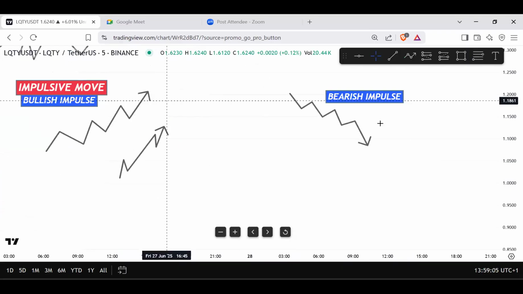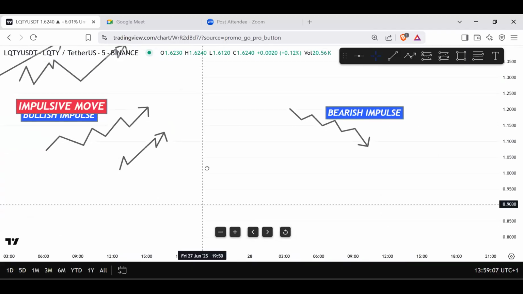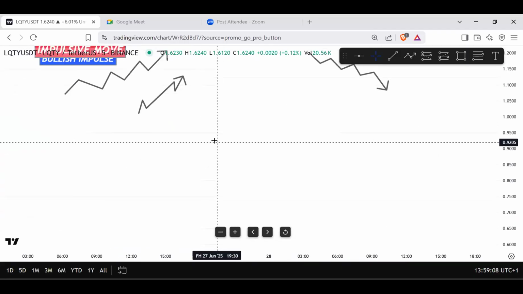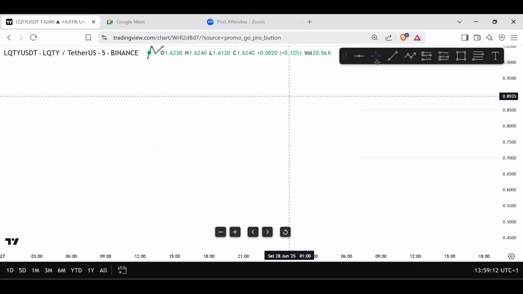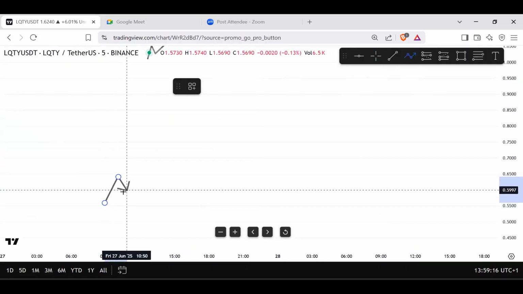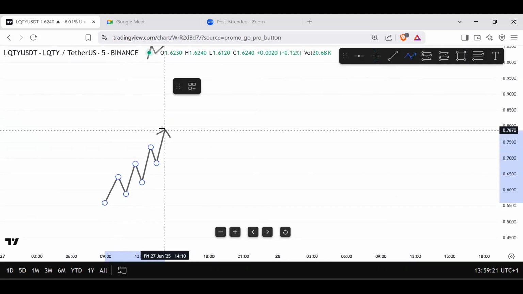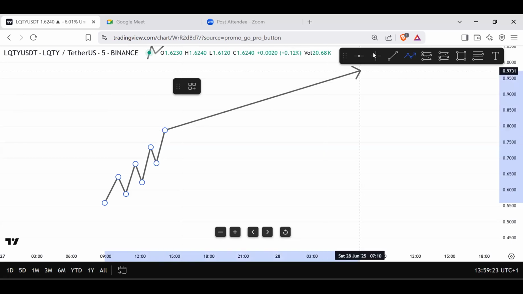It's as simple as that, because this is what the market is doing. The market is always impulsive.